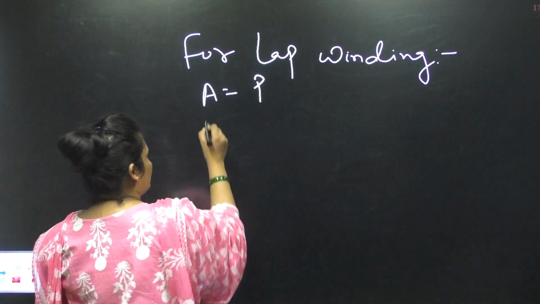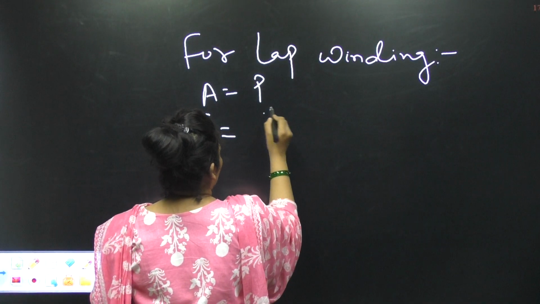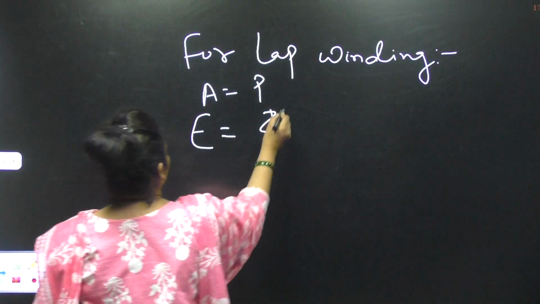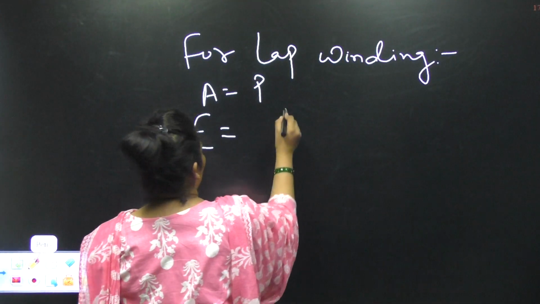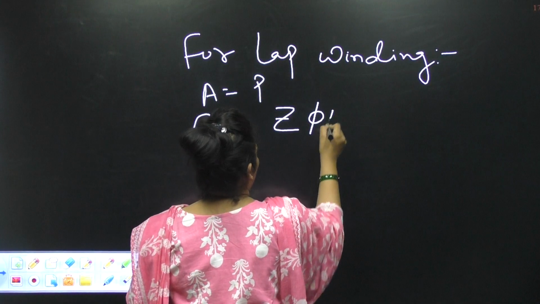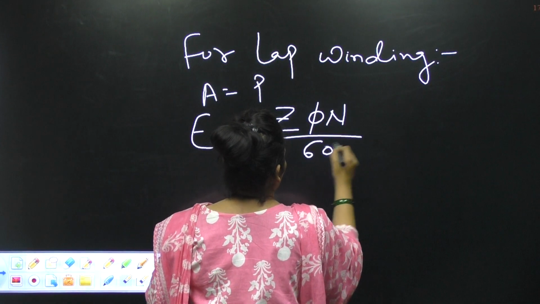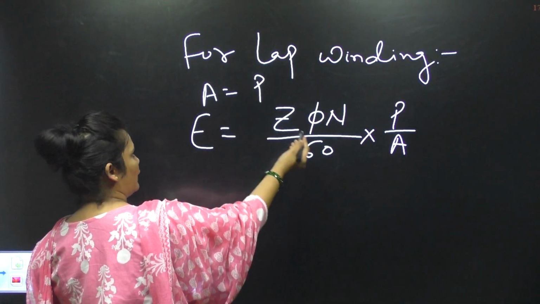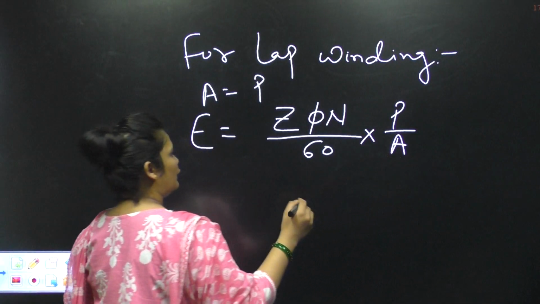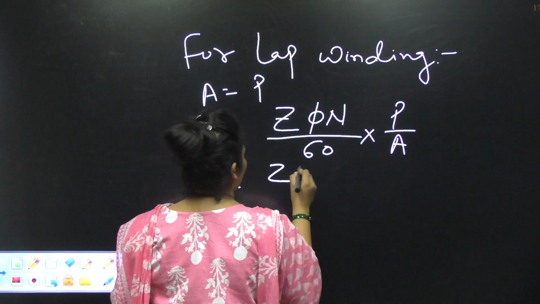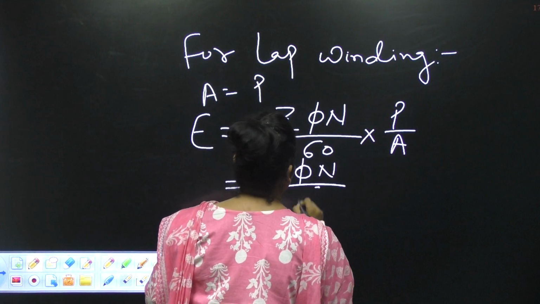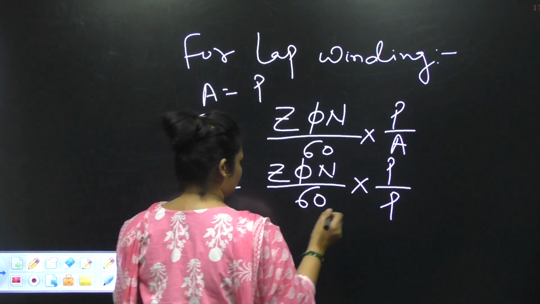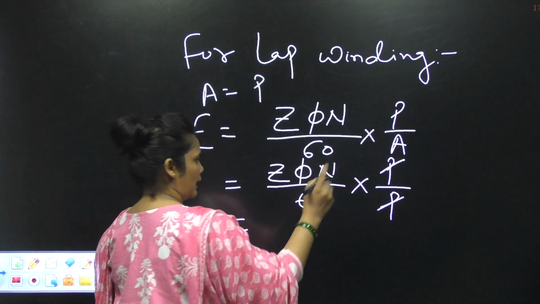What is our equation 1? E equal to Z phi N by 60 into P by A. So put this value of A in place of A: Z phi N by 60 into P by P. Here P and P cancel, giving 1.